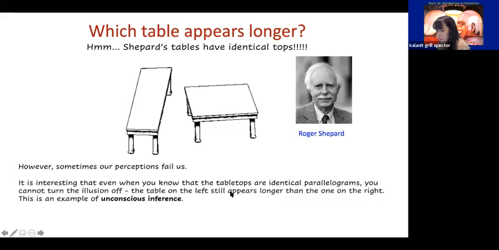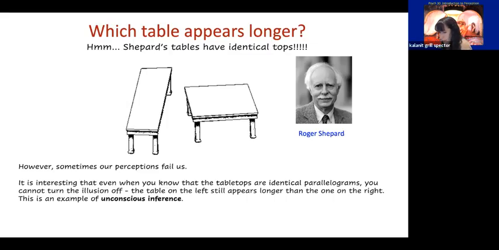It is also interesting, as you saw, that even when you know that the tabletops are identical, you cannot turn this illusion off. The table on the left still appears to be longer than the table on the right, even though we've shown you that the tabletops are identical. This phenomenon is called unconscious inference, because you're making inferences in the scene unconsciously, and you cannot have your consciousness override your percept.